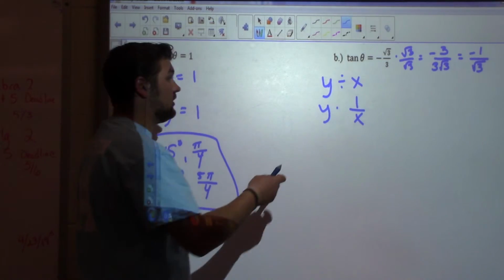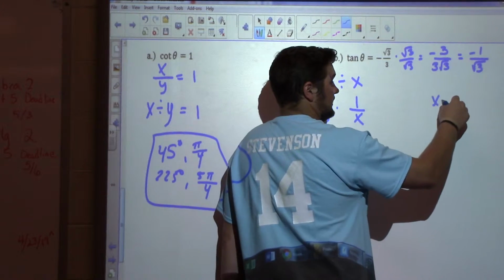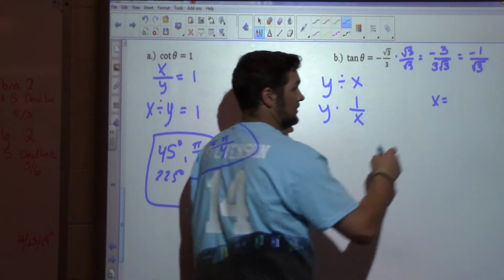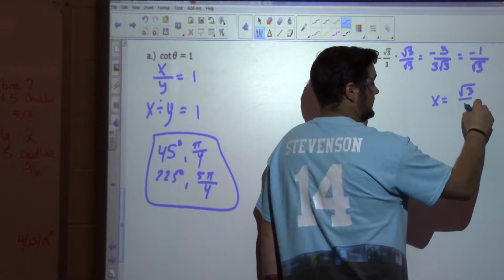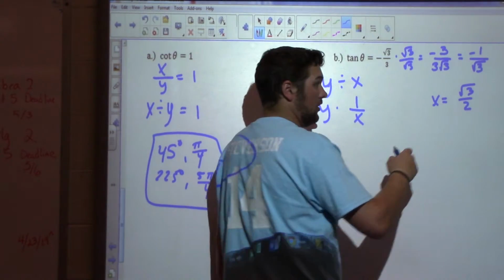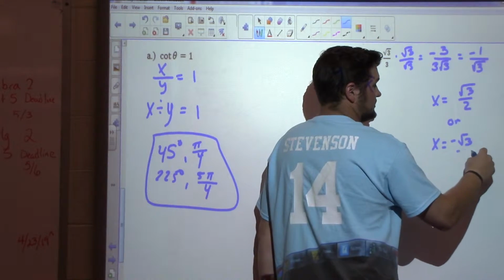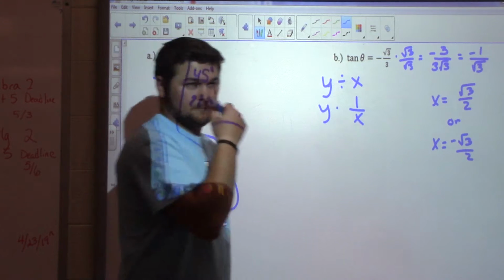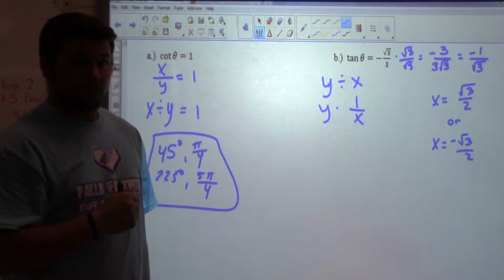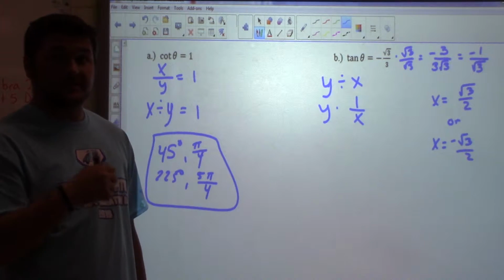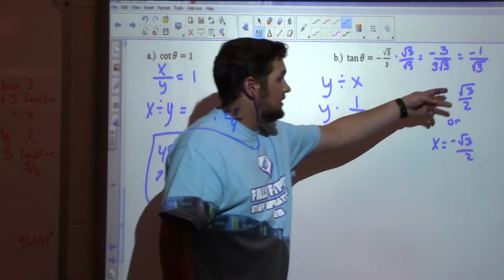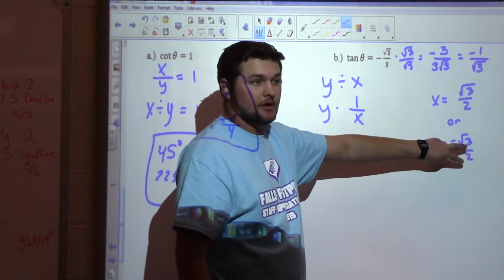All right, so what we are looking for is x to equal square root of 3 over 2, or x to equal negative square root of 3 over 2. Does that make sense? Because then when we flip it, it becomes square root of 3 in our denominator.